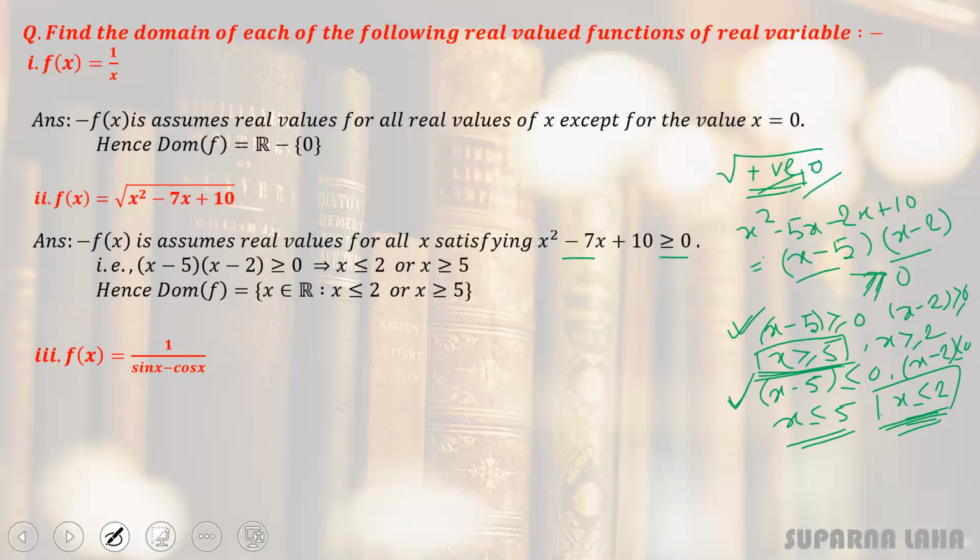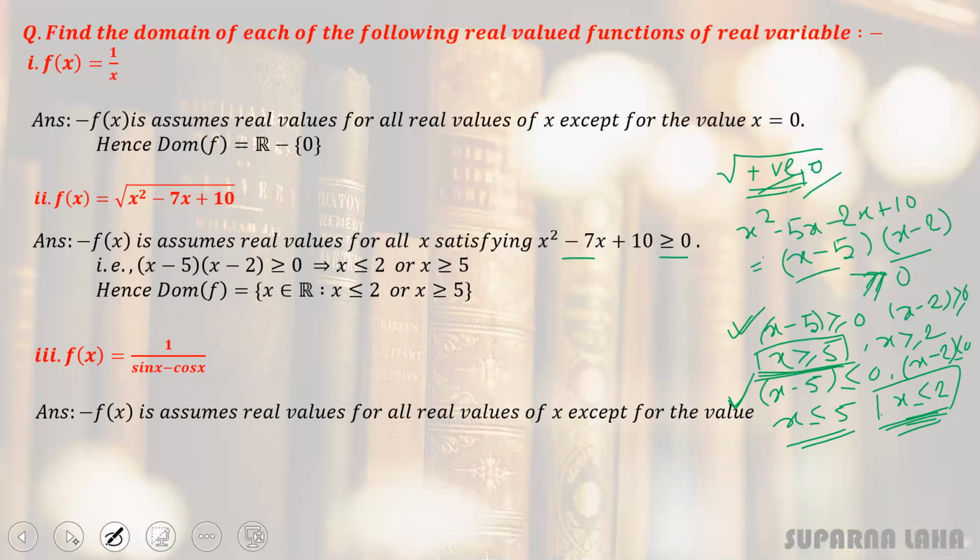Now moving to the next one, 1 upon sine x minus cos x. First of all, the denominator will be non-zero. That is, sine x minus cos x is non-zero. And if this will be 0, then what is the value of this x? The value of x is n pi plus pi by 4.